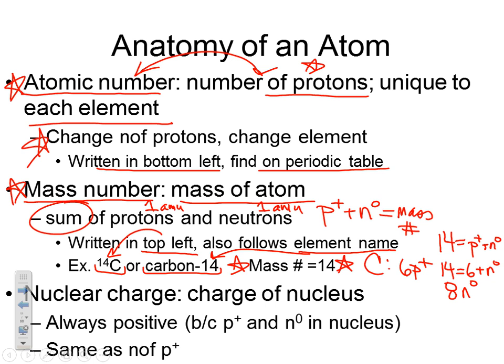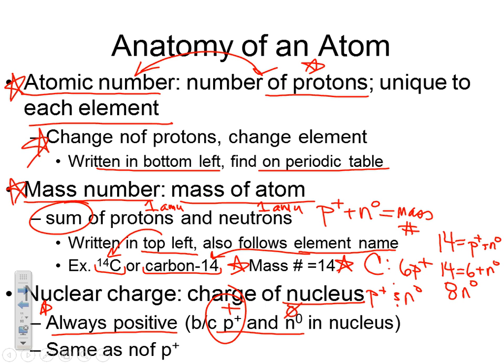But here's the thing, the nucleus, it contains protons and neutrons, right? Well, protons are positive, neutrons do not have a charge. So the charge of the nucleus, first of all, it's always positive. You're never going to have a neutral or a negative nucleus. But what charge? What is the actual charge of the nucleus?